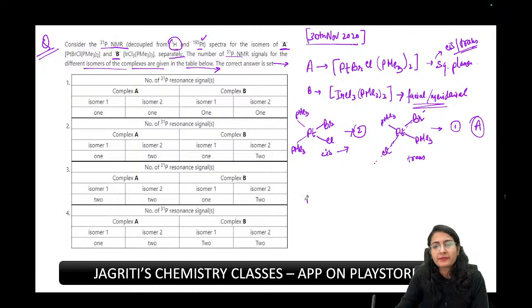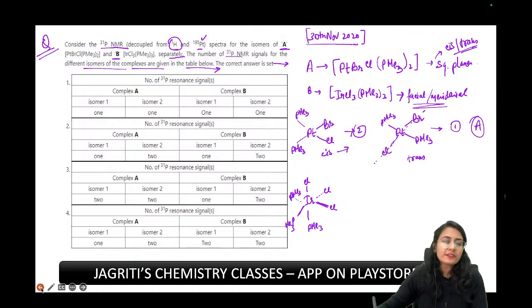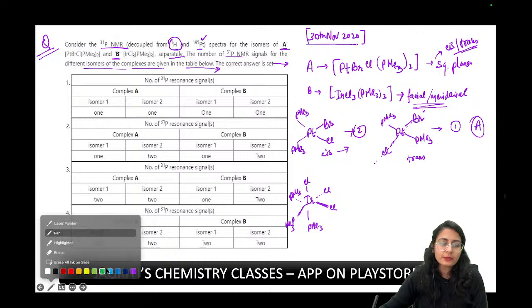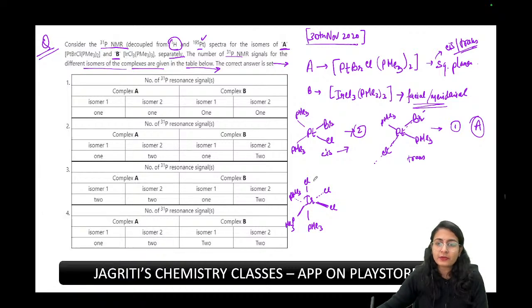Let's go to B. Iridium, we will take the facial complex first, PMe3 and PMe3 like this. So since you already know it is the facial isomer, guys, what is the possibility of facial?